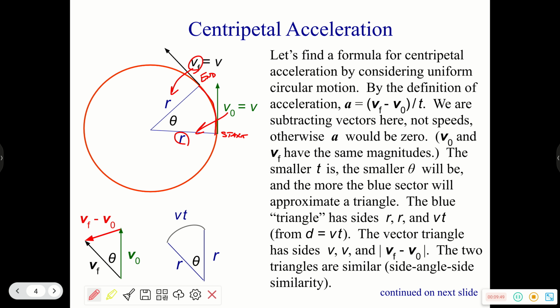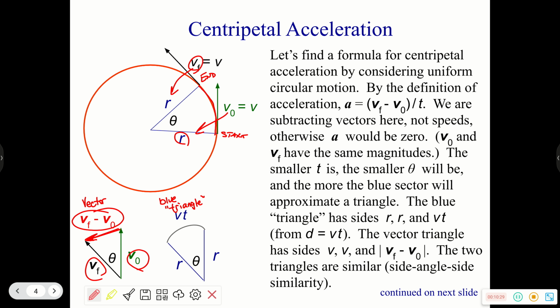The blue triangle has sides of the radius and the arc of the circle, which is velocity times time, because D equals V times T. The vector triangle, which is the second one here, has the sides of V, V, and then the resultant is going to be VF minus VI.